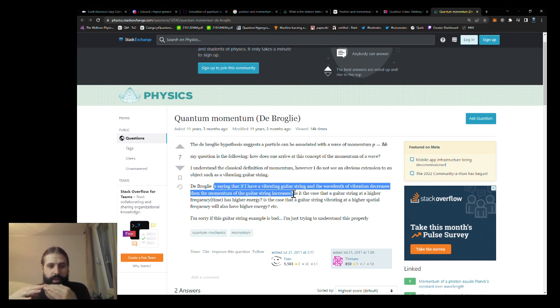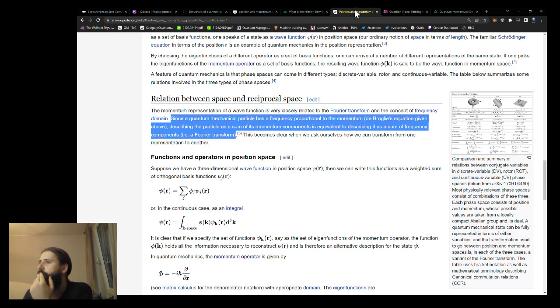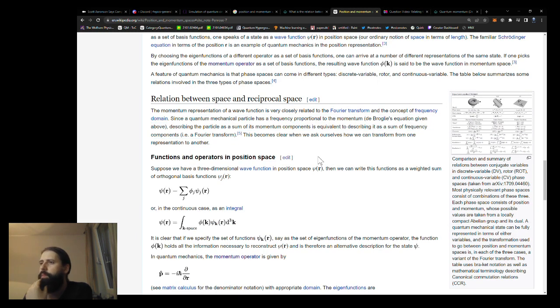So this means the higher the frequency, the more momentum it has, because it's vibrating a lot. The lower the frequency, it's almost like the wave is almost not there anymore, right? So I think that makes more sense. Okay, that's fine.